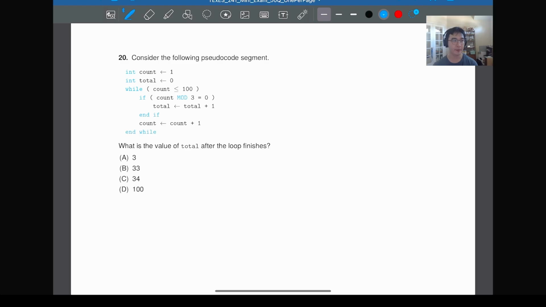Okay, question 20. So consider the following pseudocode segment, and we are asked what is the value of total after the loop finishes. So once again, just to help us talk about it, I'm going to go ahead and put line numbers.